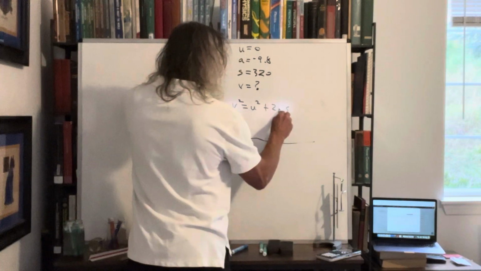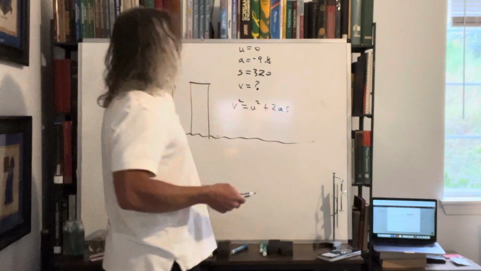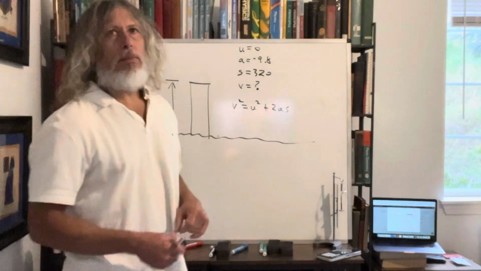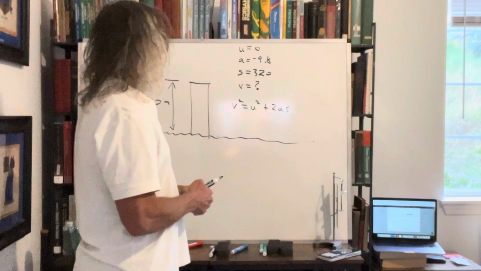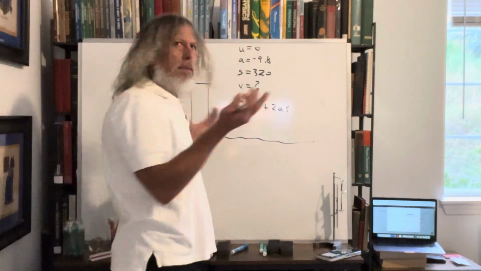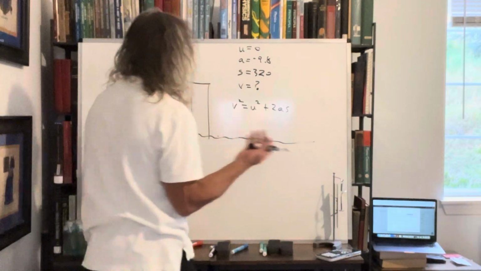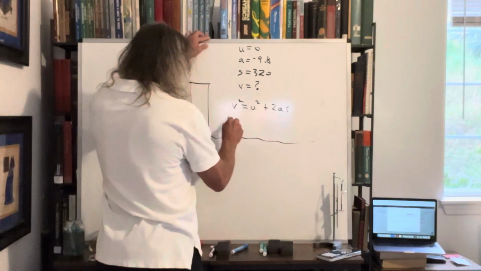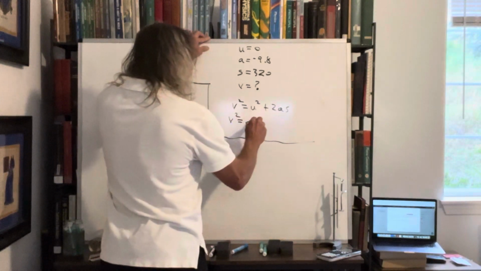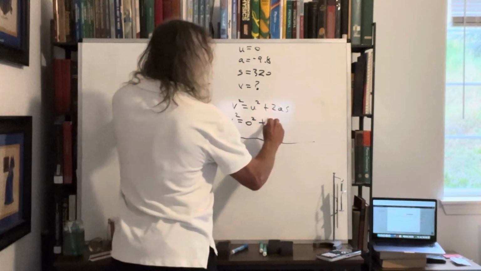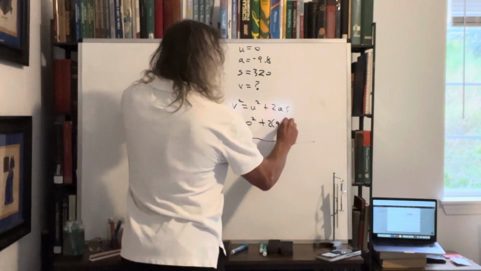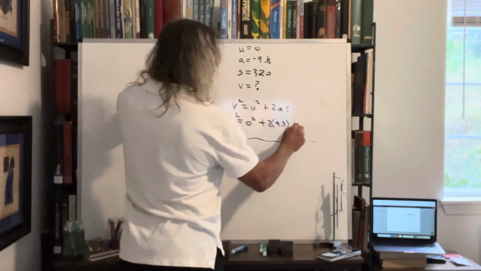Try to make this as easy as possible, bring it down sometimes to the elementary school level. Just match up the letters. And so then we plug in: v squared equals u squared plus 2 times 9.8 times 320.